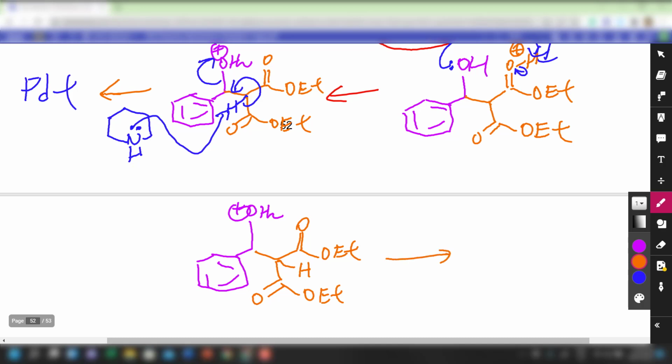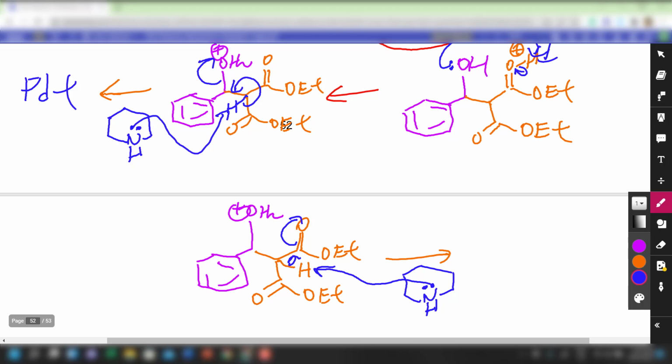Because of that, this secondary amine can abstract the H, and then the C-H bond, instead of straight away doing an E2-like mechanism, will be pushed towards the carbonyl oxygen. I know you are going to argue that now I will generate a minus charge.